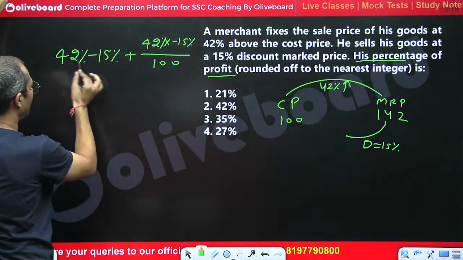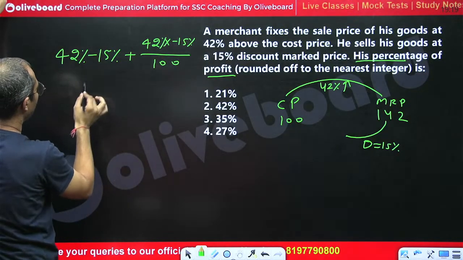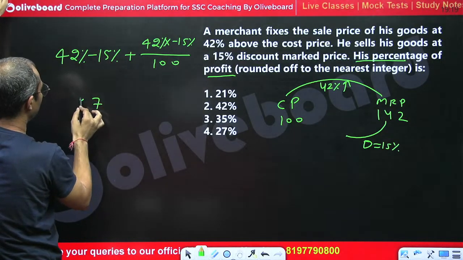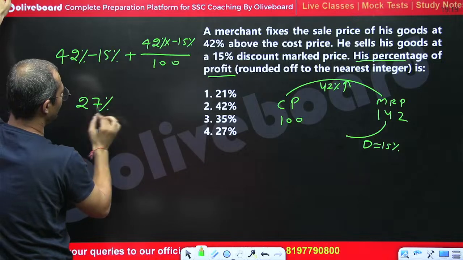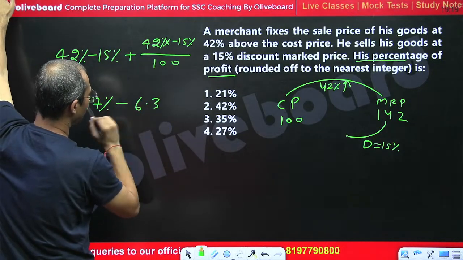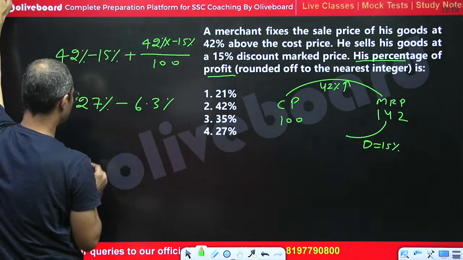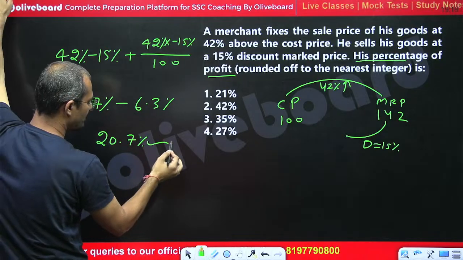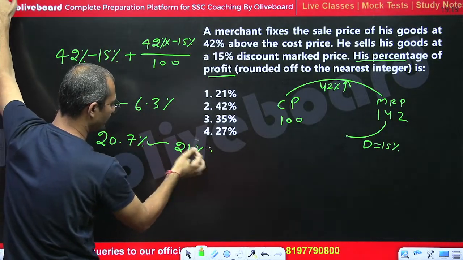So 42 minus 15 would be equal to 27%, and here minus 6.3, so we will get 20.7, approximately 21%, which would be the right answer.